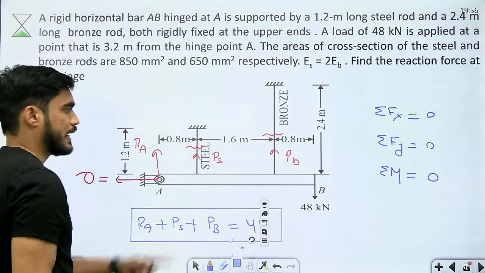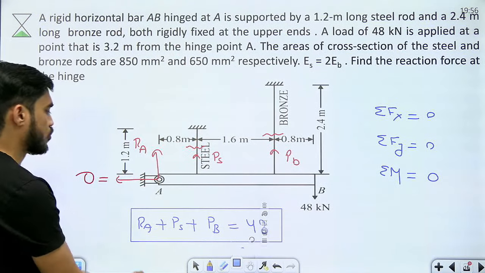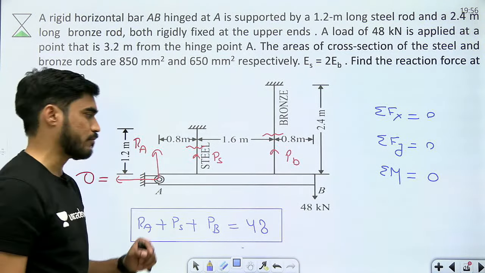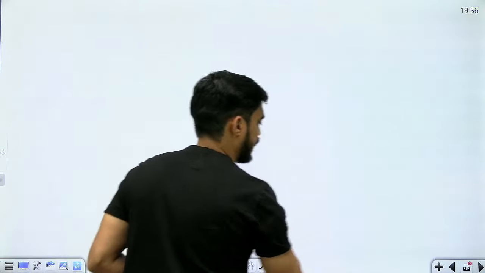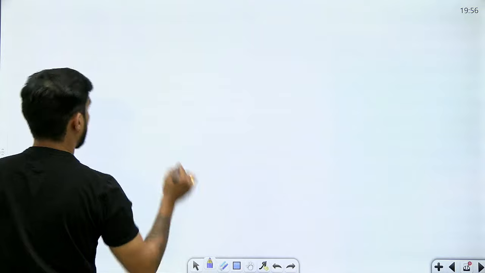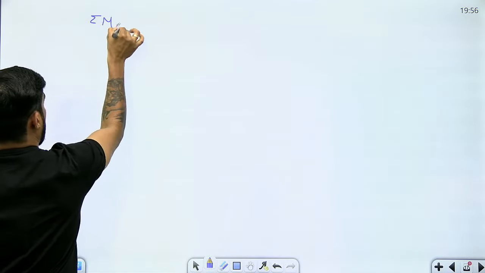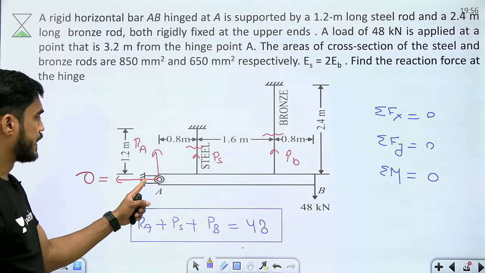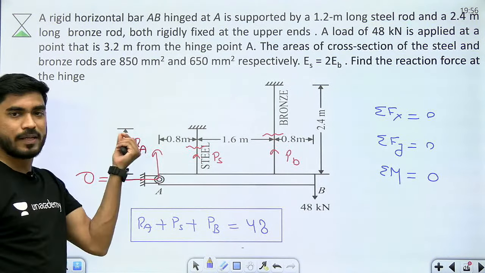Now third equation, summation of M. So beta, where will I take moment? I will take moment at A. If I take moment at point A, then the moment of this Ra will be gone.